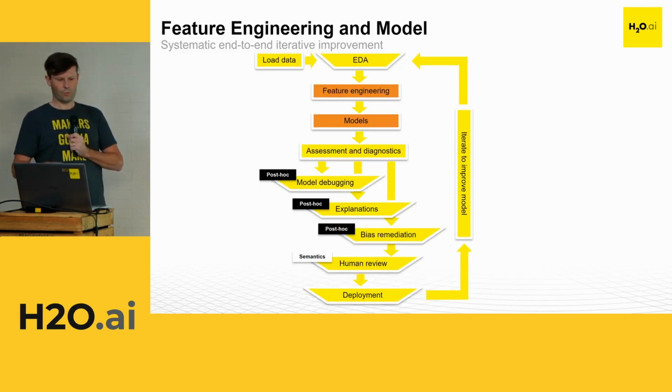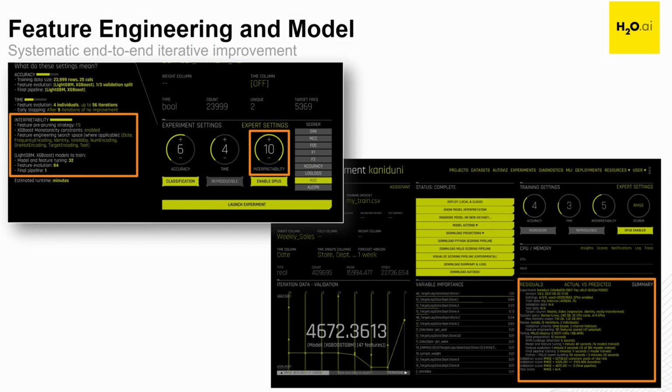So that's one part which is there. Then I mentioned that you should think about interpretability and explainability when you build the model. What we have in Driverless in the product is that here you can see 3 knobs, and that's the creation of the new model. So for easy and straightforward creation of the model, you can see that there is accuracy, there is time, and there is also interpretability. And then the interpretability knob controls what will be used. If that knob is on 1, then all the possible feature transformation and feature engineering which is available will be used, and it will use complex models and stacked ensembles and anything which is available.